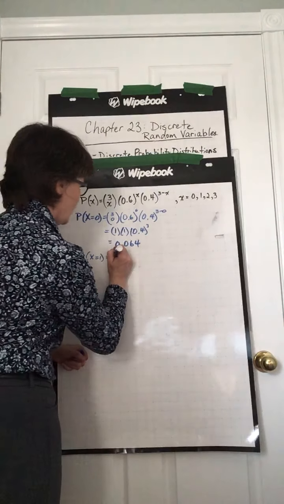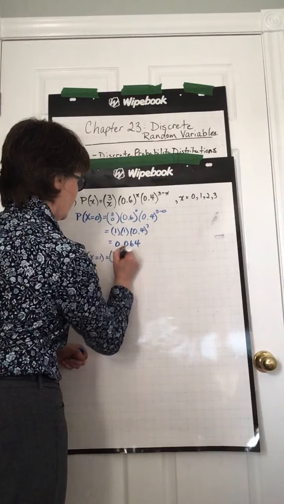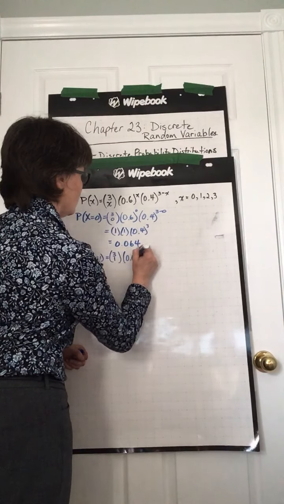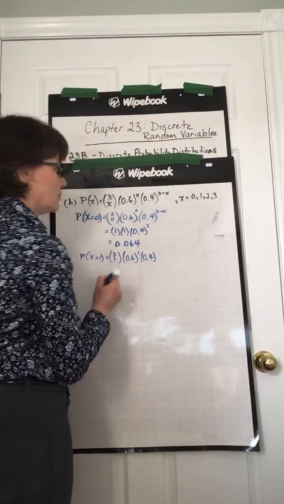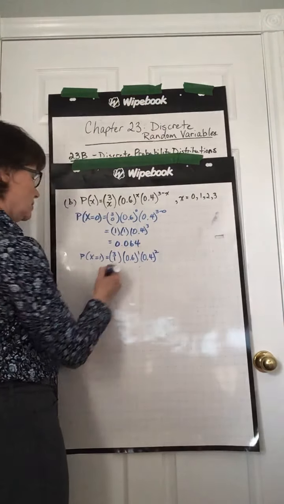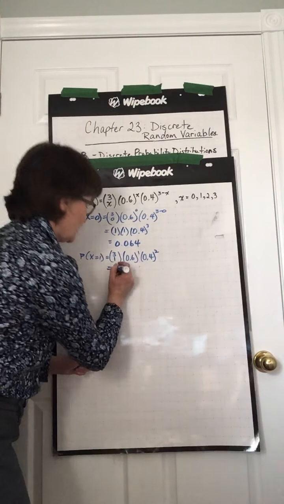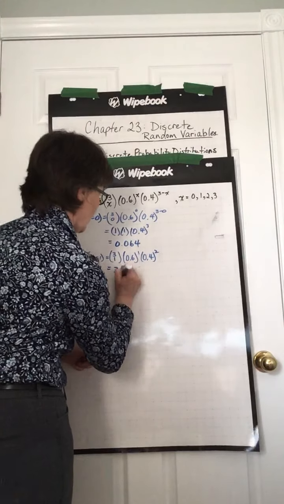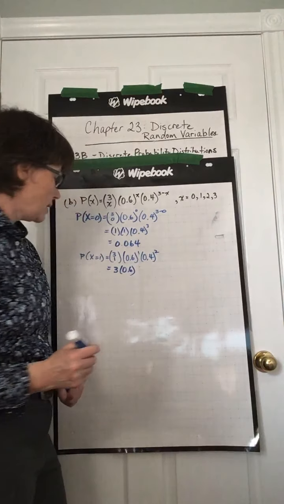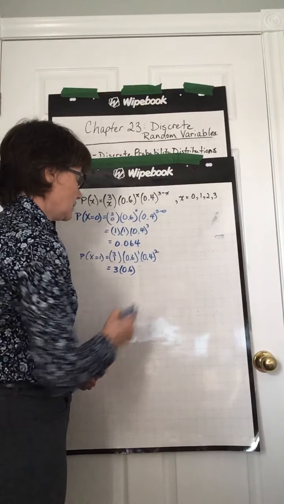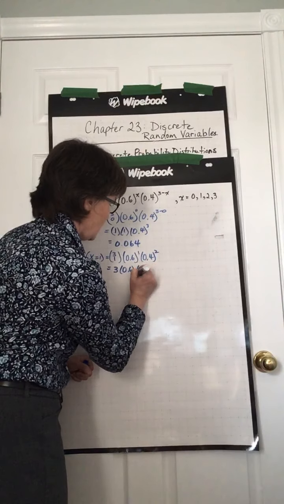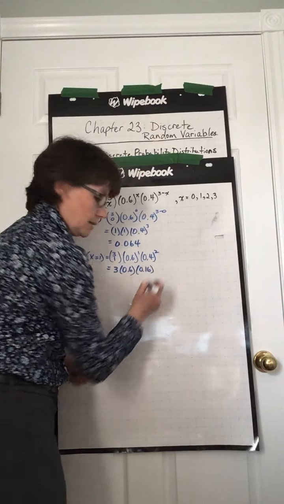Fill in 1 wherever there's an x. So 3 subtract 1 is going to give us 2. Anything choose 1 is itself, so 3 choose 1 is 3. 0.6 to the power of 1 is 0.6, and 0.4 squared is 0.16, I believe.